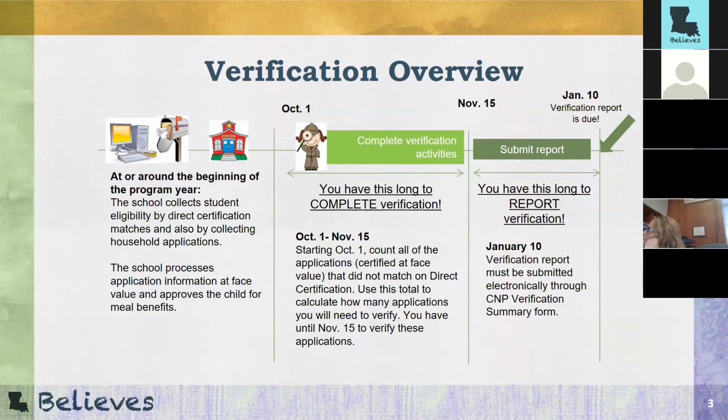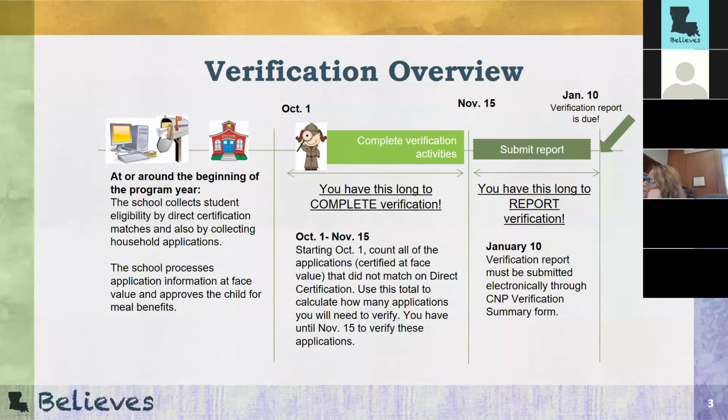Applications that were submitted and found through direct certification are not eligible for verification. Use this total to calculate how many applications you will need to verify. You have until November 15th to verify these applications. November 15th through January 10th is the timeline to report the results of verification on the verification summary form.